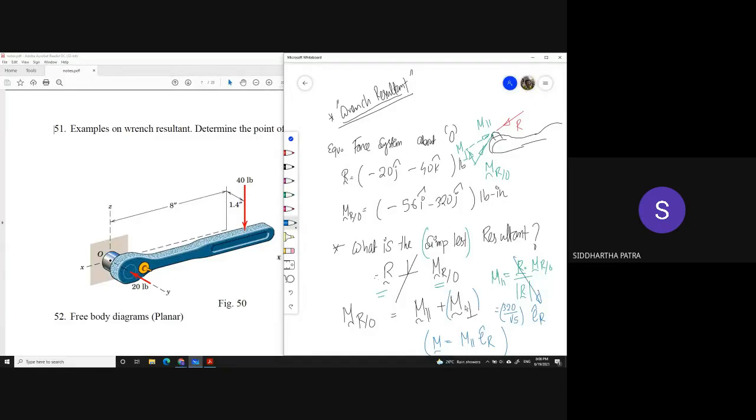How do I do that? If I can get M parallel using dot product, how do I get M perpendicular? If dot product gives me the parallel part of the moment, what gives me the perpendicular component?